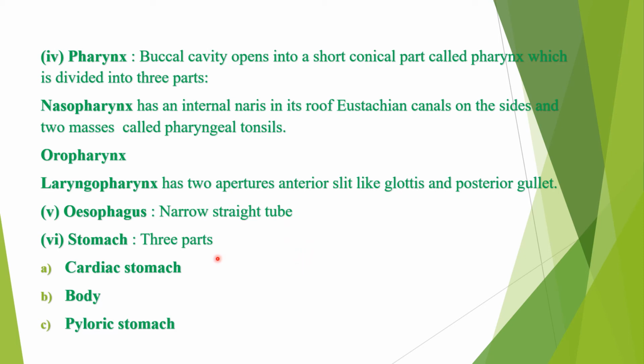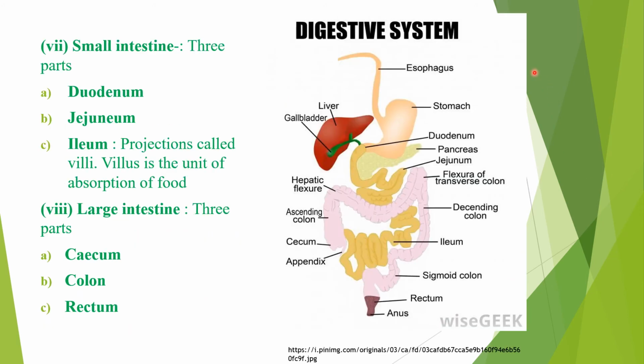Next is the stomach, which consists of three parts: cardiac stomach, body, and pyloric stomach. You can see in this diagram esophagus, stomach, उसके बाद parts of different small intestine and large intestine, and ultimately rectum and anus. तो esophagus के बाद stomach होता है जिसके तीन part होते हैं: cardiac stomach, body and pyloric stomach.